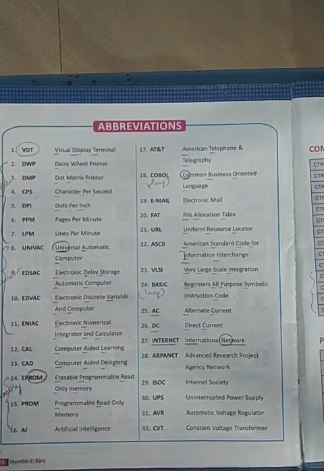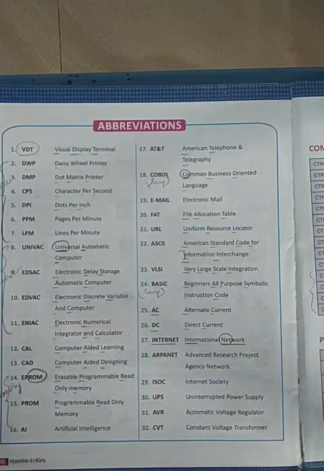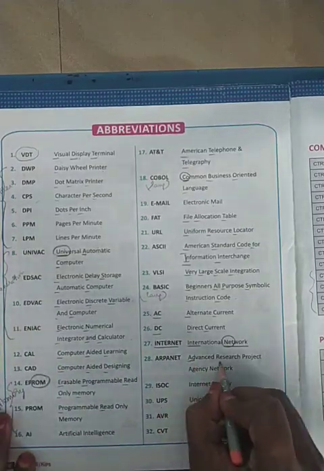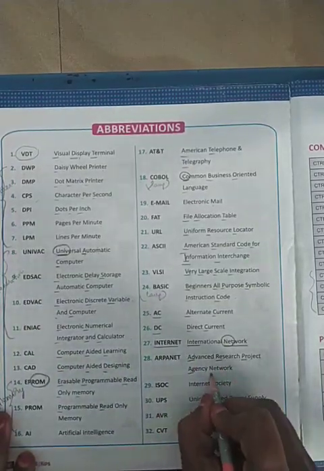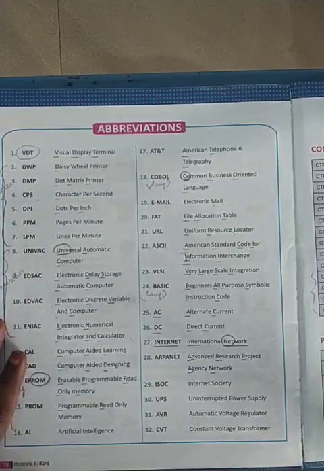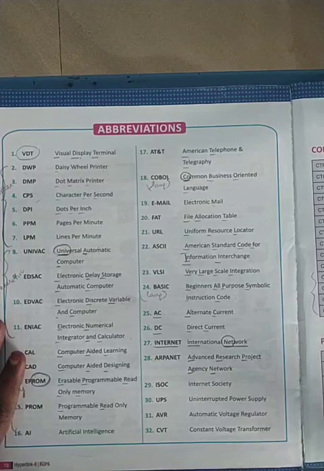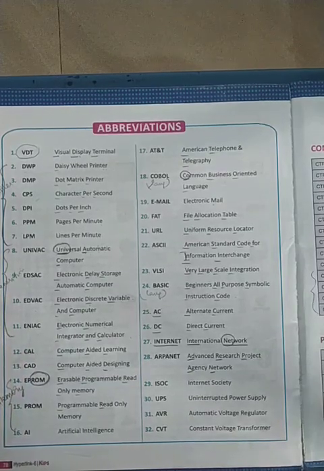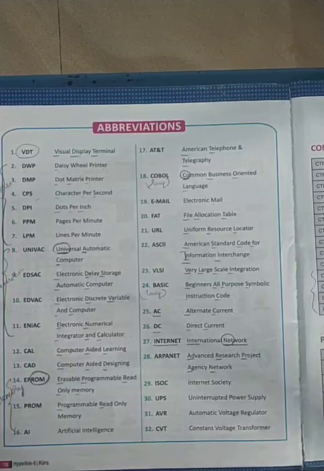Then coming to ARPANET. What is this ARPANET? That is Advanced Research Project Agency Network. So this ARPANET will not be available for the public. It will be only available for scientists or the research persons like our ISRO, people who are sending the satellites and our space missions, etc. Because this is very highly secure network.